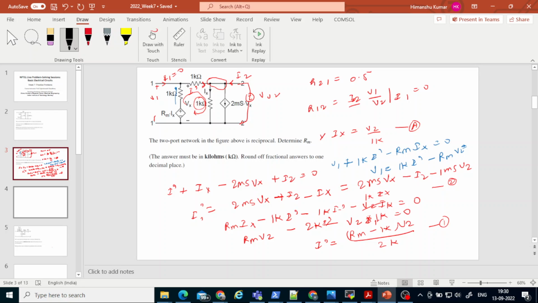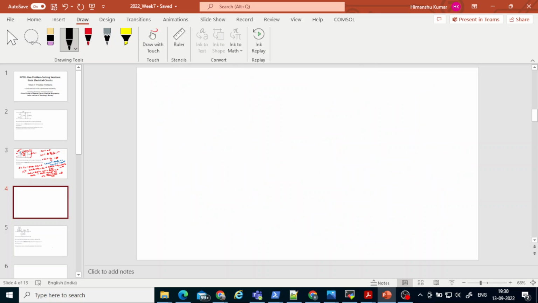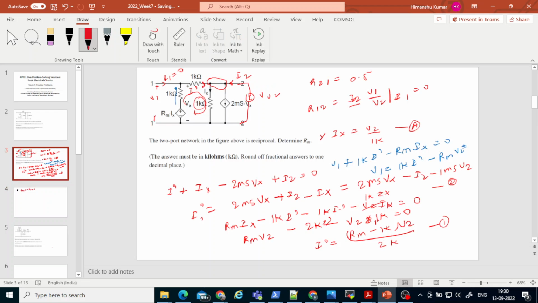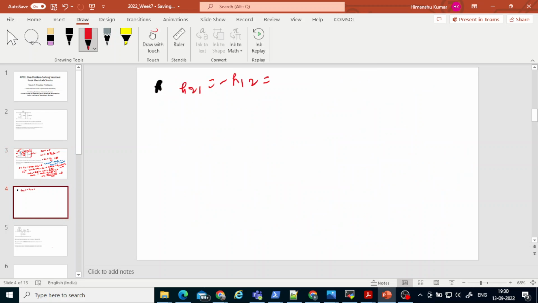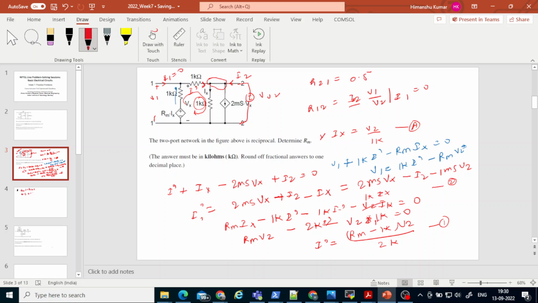Okay, so now we need to apply the H in this case. So now we need to apply H21 equals to minus H12. So H21 is 0.5, so 0.5 equals to minus V1 by V2.